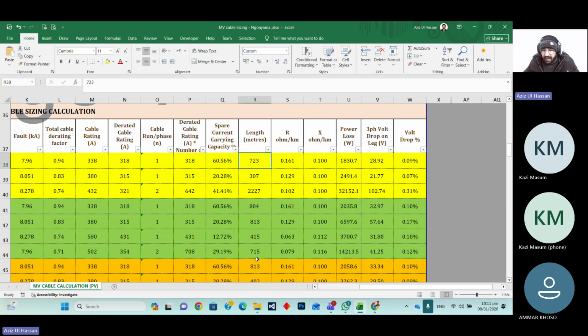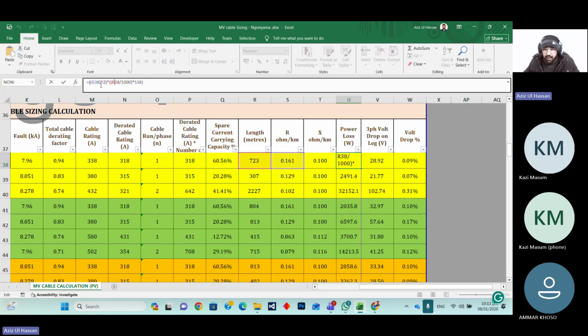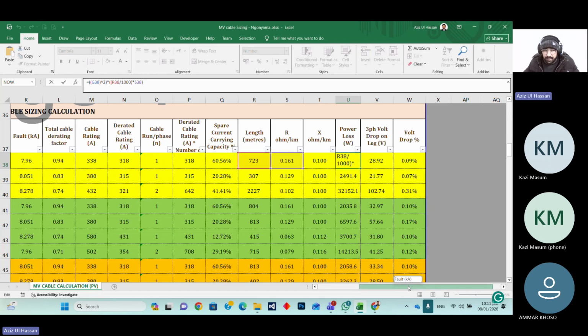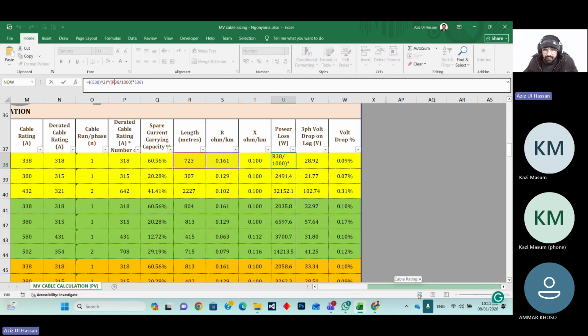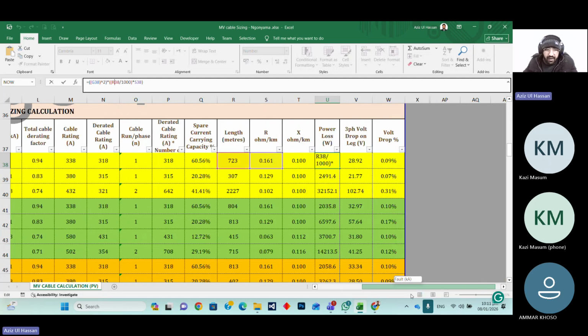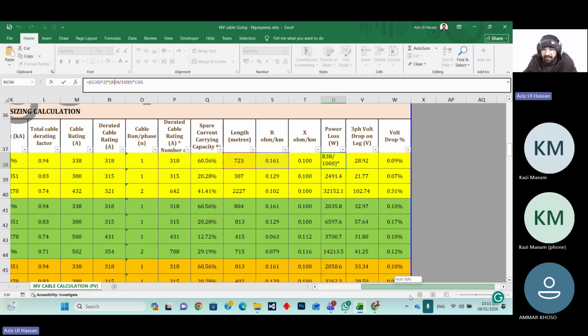Then the length of the cable, which I have mentioned, and then the R and X values, then the power loss, same as here, G13. That is I square R, where R should be in ohm per kilometer, so we multiply by 1,000 and then multiply by the length, and we get the R value.